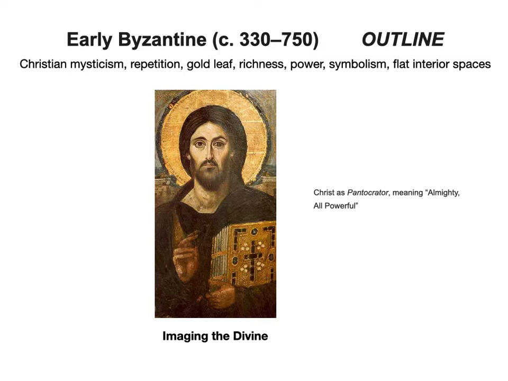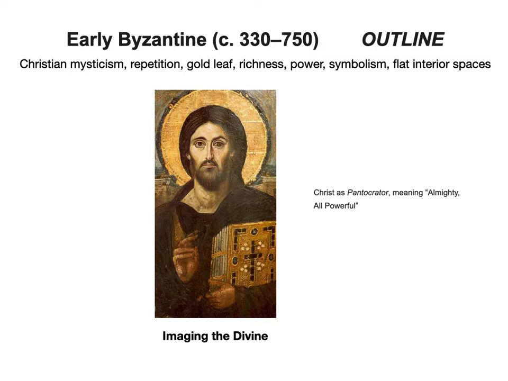In this image, we see Christ as Pantocrator, meaning almighty and all-powerful. He's holding a book. He has a golden halo, and he has a kind of Middle Eastern aspect to him. His face is elongated, and you can see his hand is held in the position of blessing.